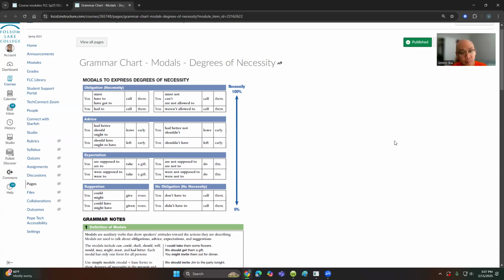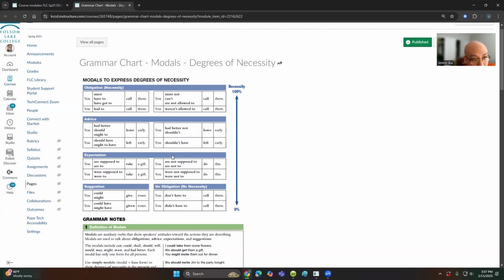So just looking at a couple of things here, should have and ought to have, as far as the advice. Well, first, you're going to have subject plus auxiliary verb, which are these modals, must, have to, have got to, and then a verb, okay?